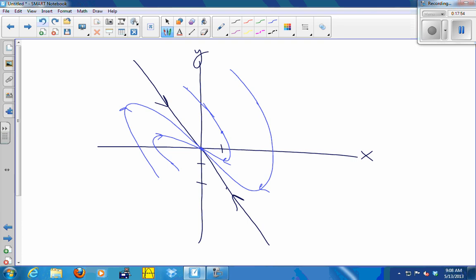Part C, plot the initial conditions, 0, 4, 4, 1, 2, -4, -5, 0 on your phase portrait. Okay, so 0, 4 would be like right here. Maybe I'll do these in a different color. And then B is 4, 1.